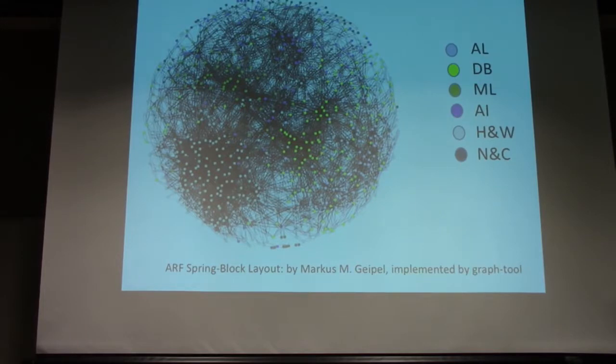And this is one of the variations of spring block layout, which is called the ARF spring block layout. ARF stands for attractive repulsive forces. So it's a very standard way of doing graph drawing. Yes. You just put these springs on things and you just let the energy minimization take over. So this is probably the predominant way of drawing graphs in the plane that people use.